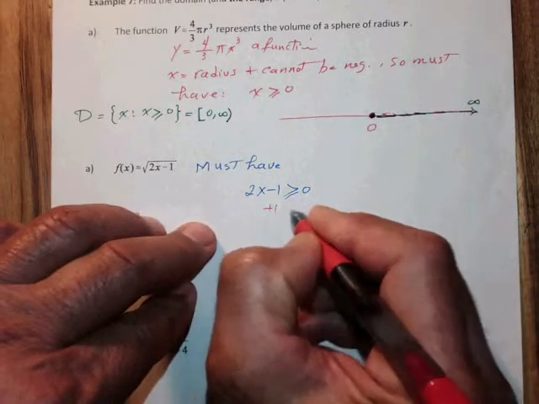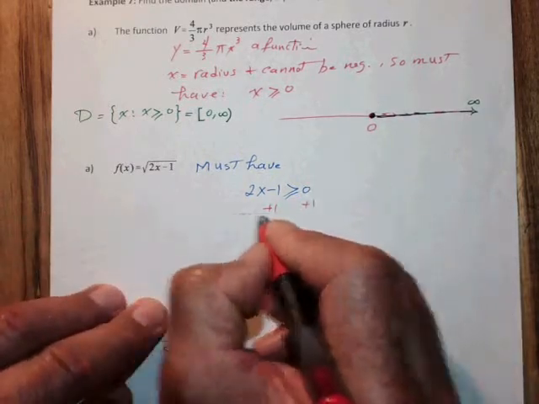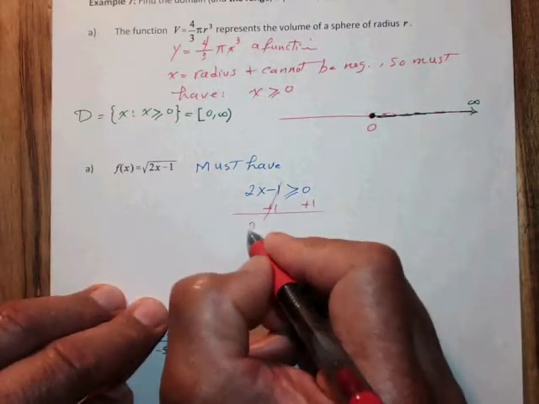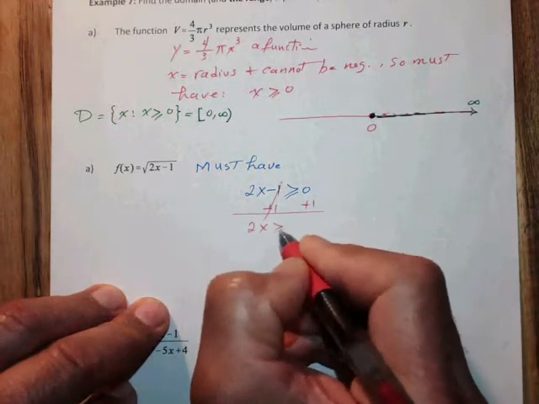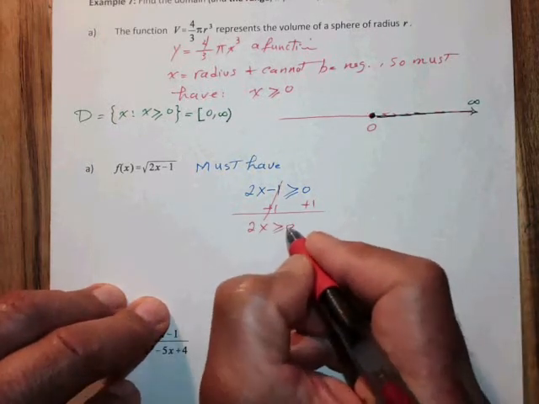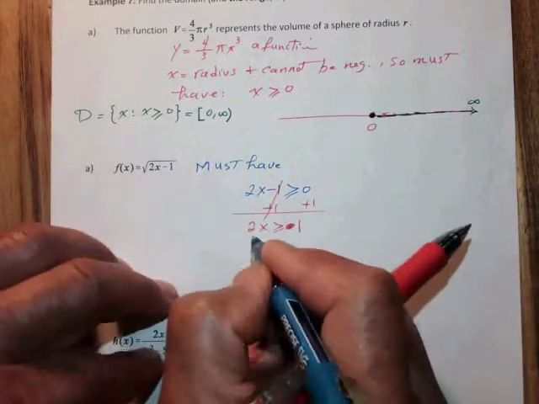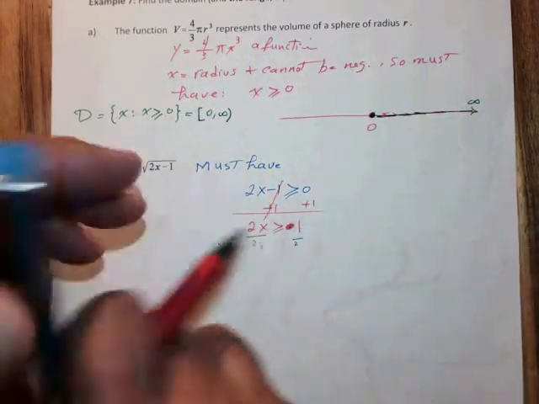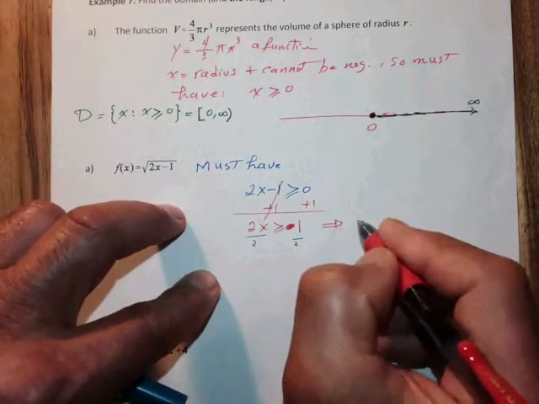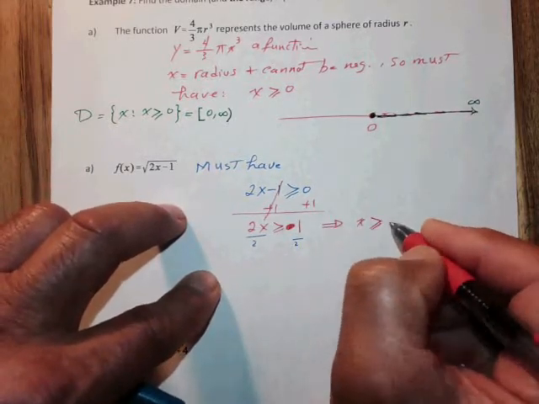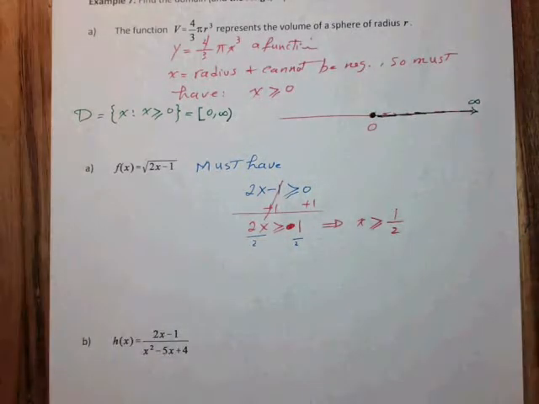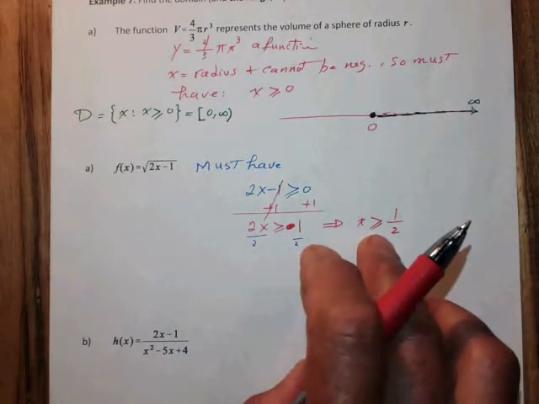So I add 1 to both sides. These two cancel out. You get 2x bigger than or equal to 1. Sorry. And then you divide by 2. You get x bigger than or equal to 1/2. So that means for this function, values bigger than or equal to 1/2 are acceptable.